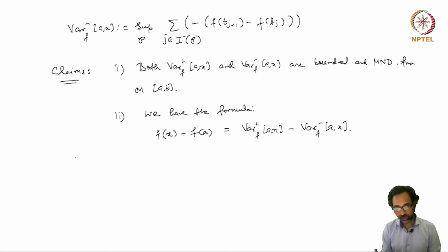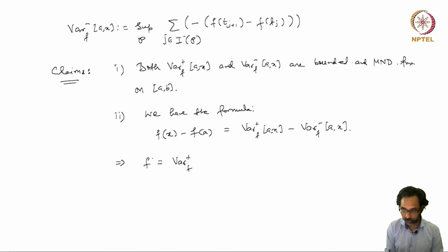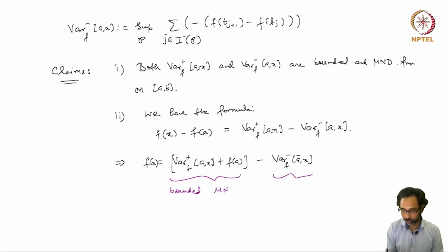Of course, assuming both these claims are true, we immediately get the statement of this lemma, because this implies that f(x) is equal to Var plus f [a,x] plus f(a), so this is one function, minus Var minus f [a,x], and both these functions are bounded and monotonically non-decreasing.